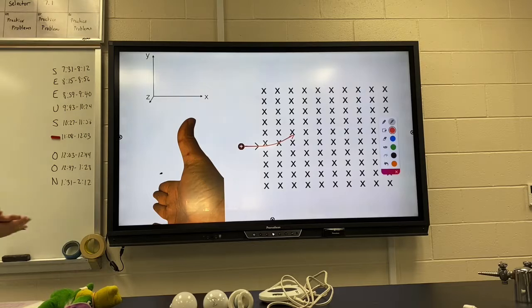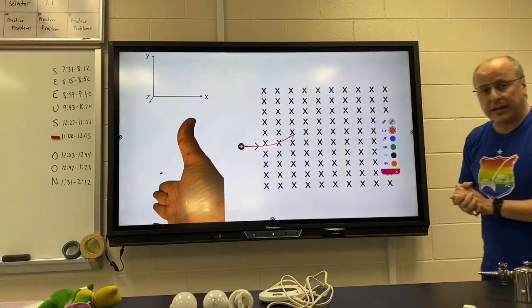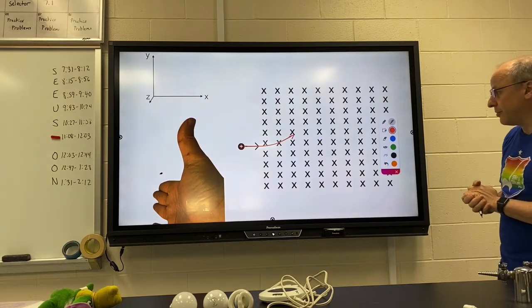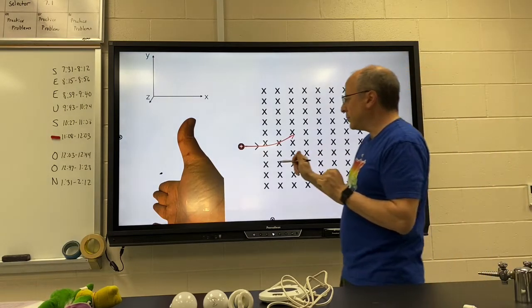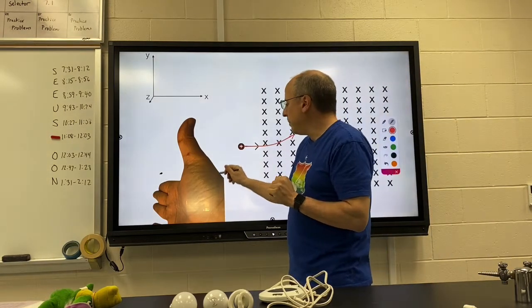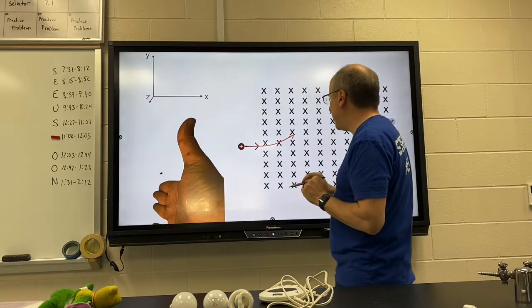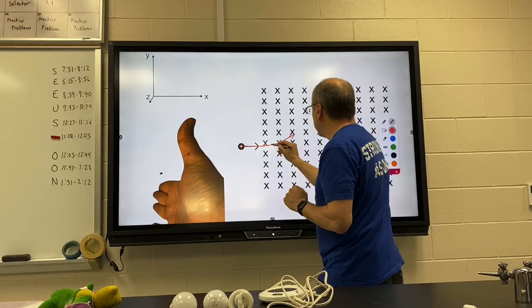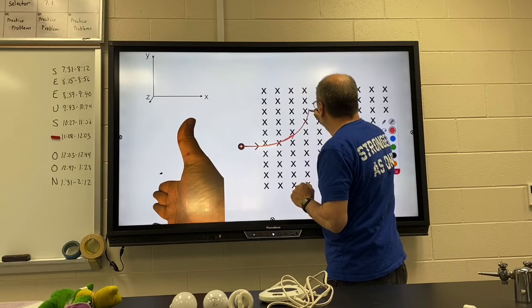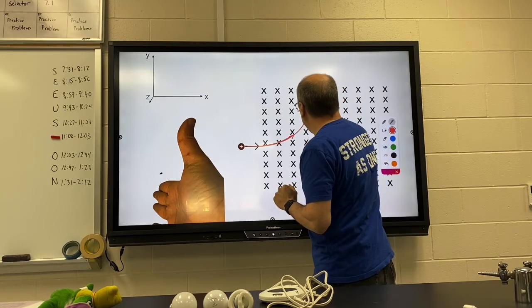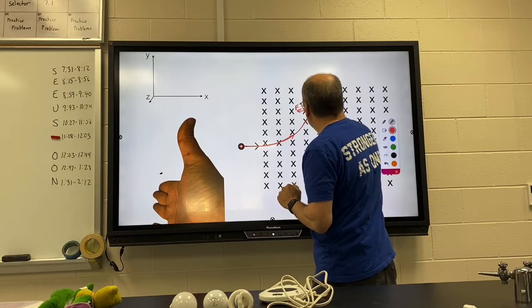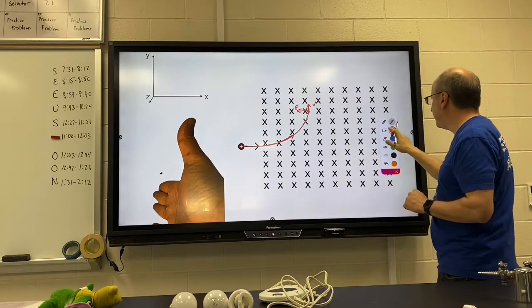So the direction of the force is not constant. It will change as the particle goes off in different directions. The force will always be perpendicular to the direction the particle is moving. This will cause the particle to move in a path such that the force is always perpendicular to the velocity.